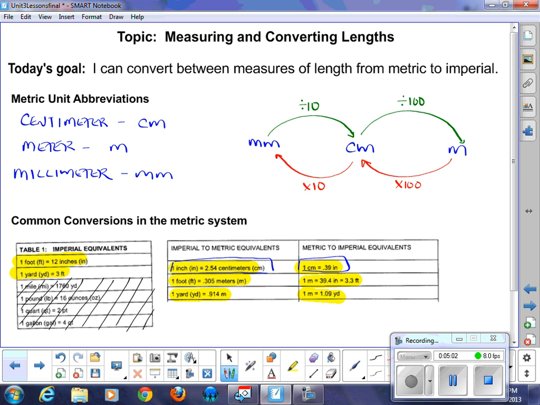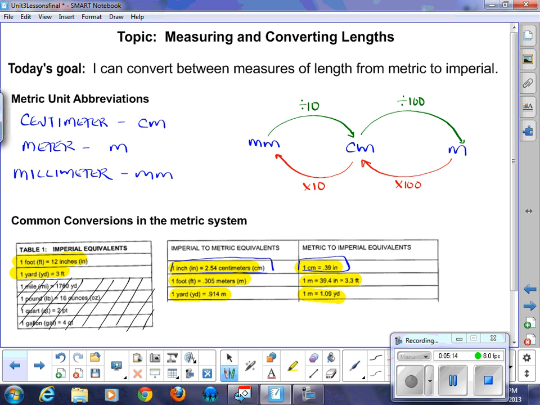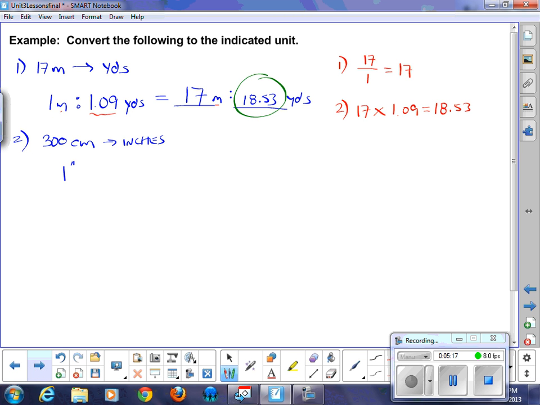You can't pick the wrong one as long as it has centimeters and inches. It doesn't matter which one you pick. I saw the 1 inch to 2.54 centimeters first, so let's do that. So the ratio would be 1 inch to 2.54 centimeters is equal to something in inches to something in centimeters.